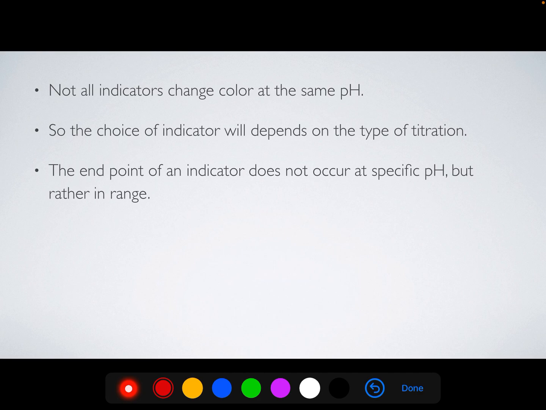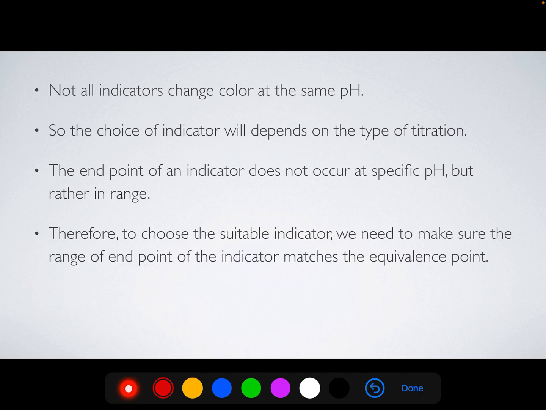Contohnya dia boleh berubah bila-bila masa between pH 3 sampai pH 5 katakan. Tak semestinya pada pH 3 saja, tak semestinya pada pH 5 saja, tapi in between pH 3 to 5 tu boleh berlaku perubahan warna. So therefore, to choose the suitable indicator, we need to make sure the range of the endpoint of the indicator matches the equivalent point.